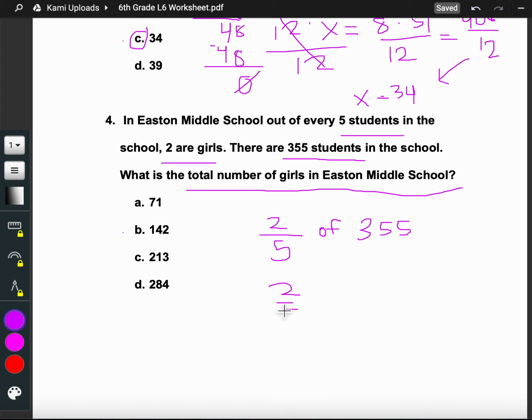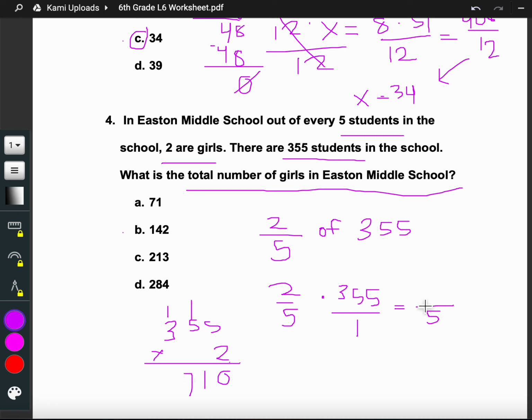And what 2/5 of means is 2/5 times 355. To make it easier for you to see, this is how you would place it. So it would be 355 times 2 over 5 times 1, which is 5. We can multiply this out really quick. Times 2. If you don't want to use a calculator, this is a better way. So this is 710.